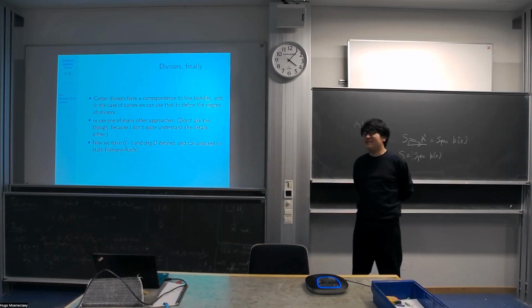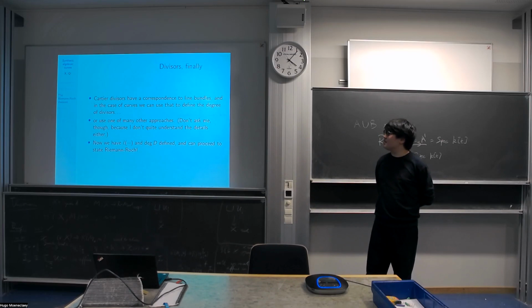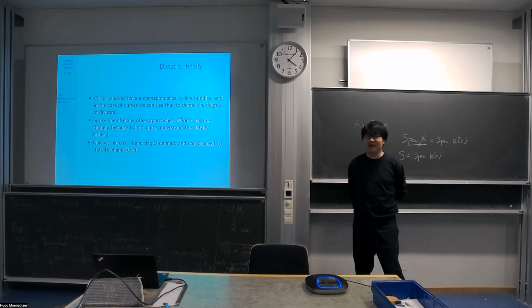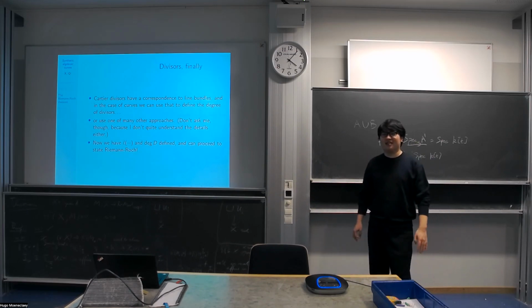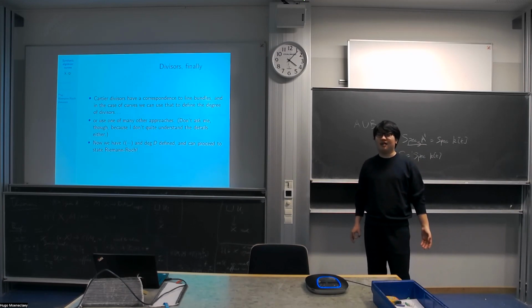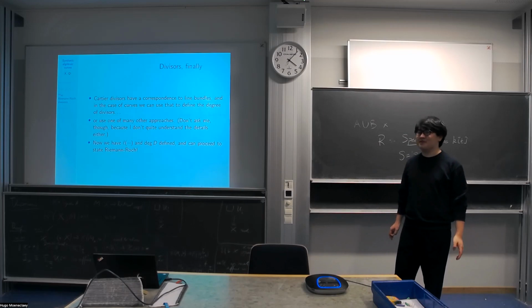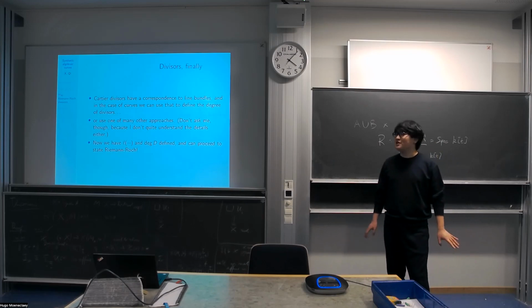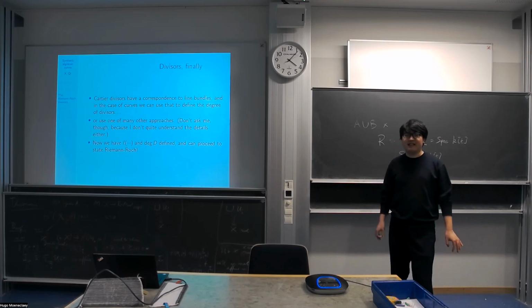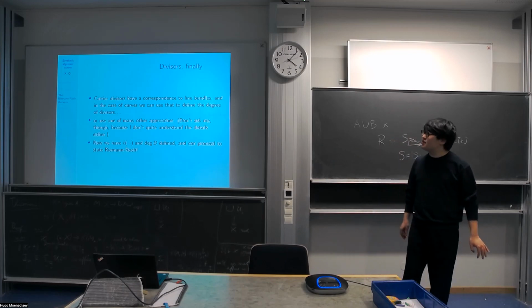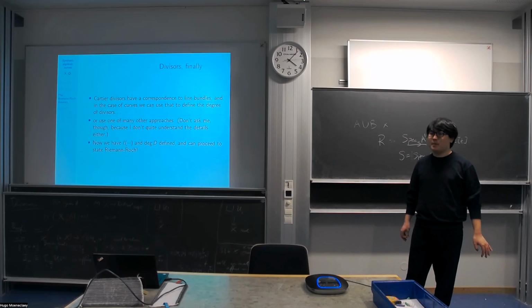So, Cartier divisors have a correspondence to line bundles, and we already have a good understanding of line bundles synthetically, fortunately. So in the case of curves, we can use that to define the degree of divisors.